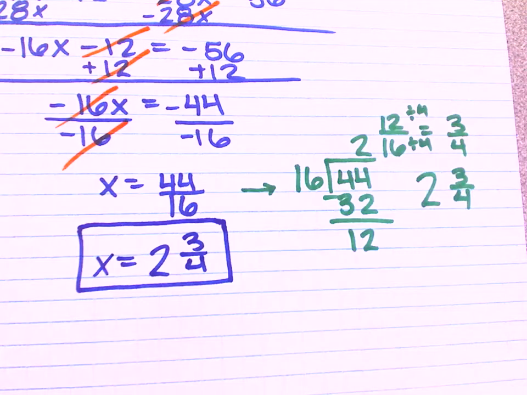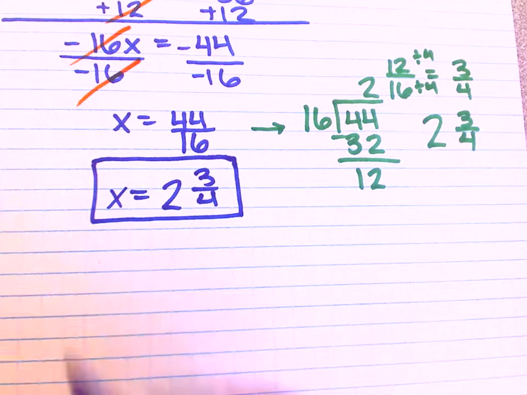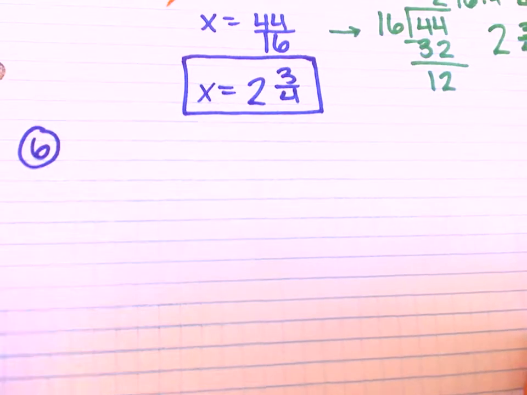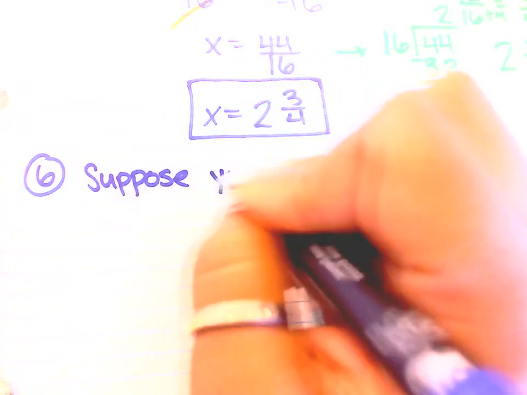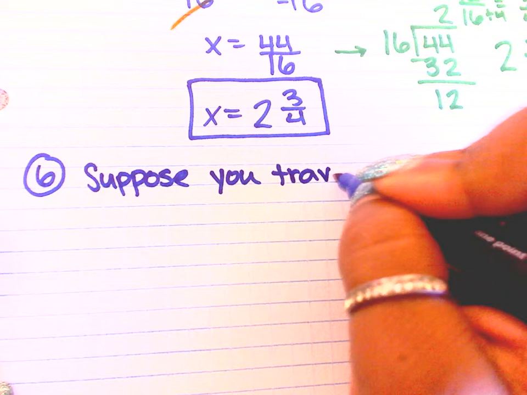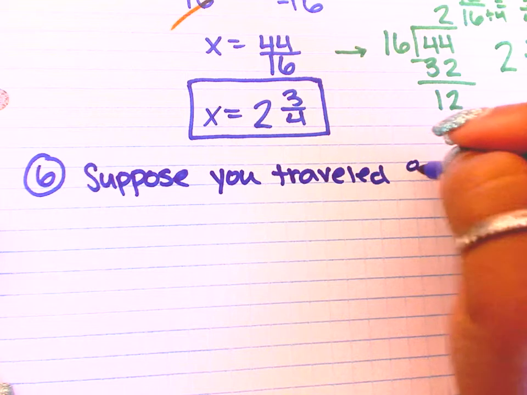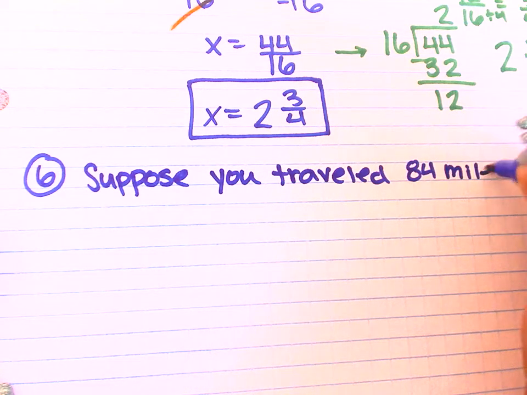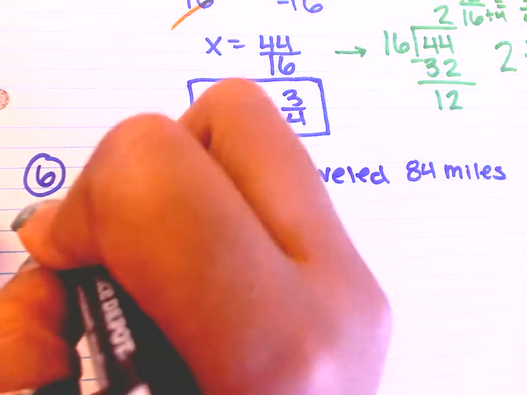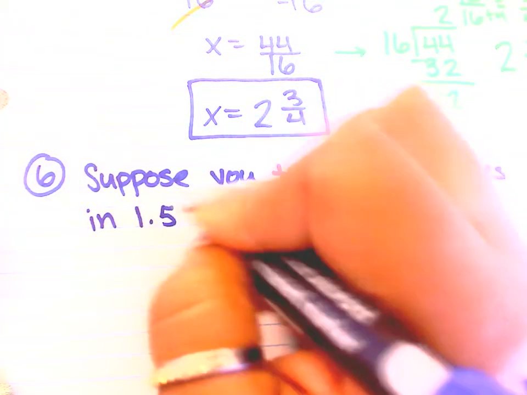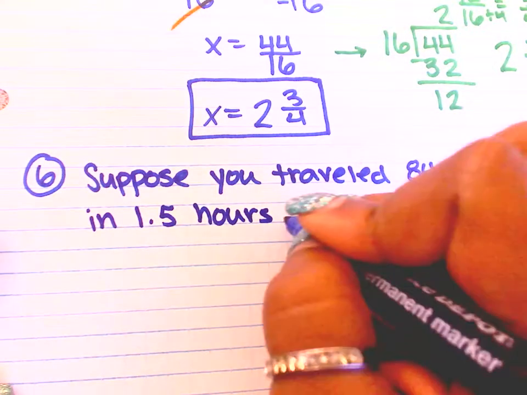Our last example, one second, okay? Our last example is a word problem. The last one is a word problem, number 6. We're gonna write it down with me. Suppose you traveled 84 miles in 1.5 hours. Everyone write that down.